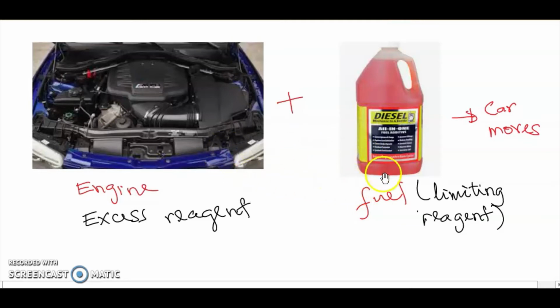The distance traveled by the car depends on the amount of fuel that we put inside the engine, and when the fuel is completely used up, the car stops moving. So too it applies in a chemical reaction. When the limiting reagent is completely used up, the chemical reaction stops. Okay, let's now look at these examples, how we can determine limiting and excess reagents in a chemical reaction.